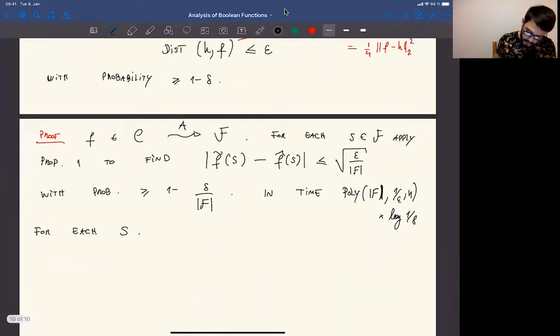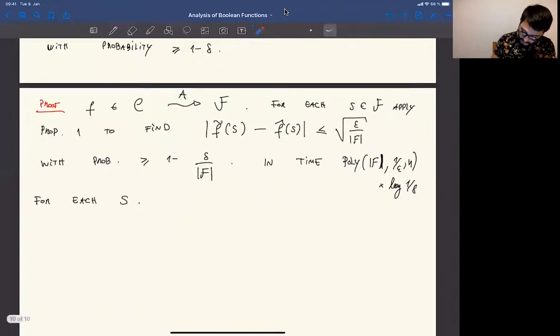Okay. So I give an f in this class, and I produce a family, and then for each s I have this, and that's why I divided by these numbers, because the family is finite, and so I can say what's the probability that for every s in the family I have this.